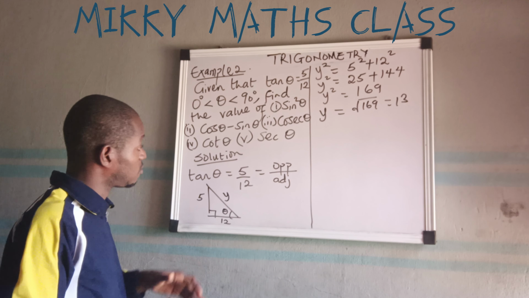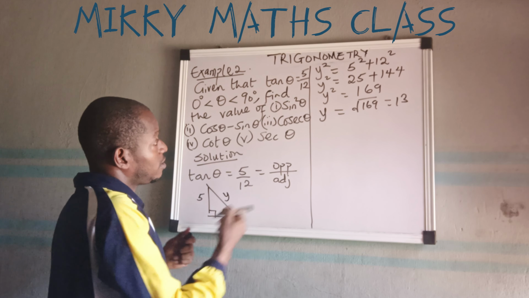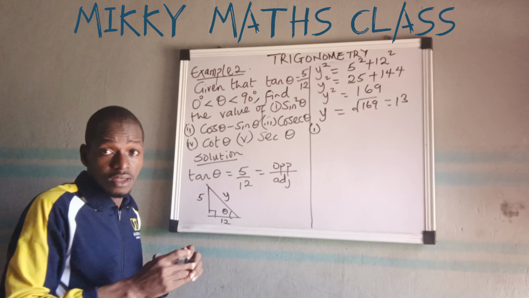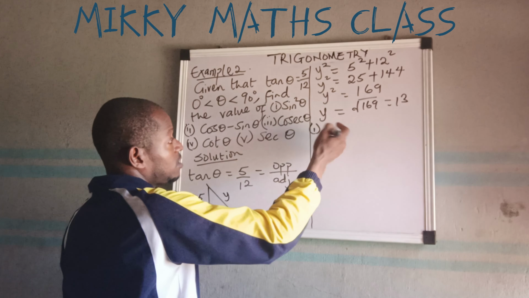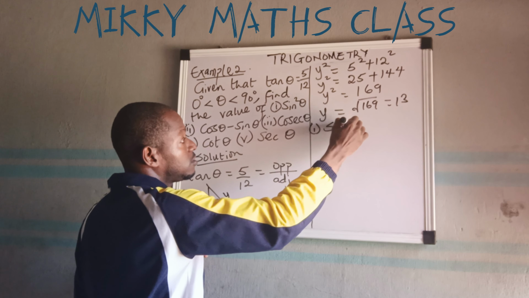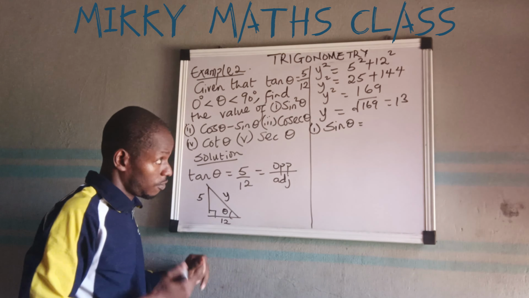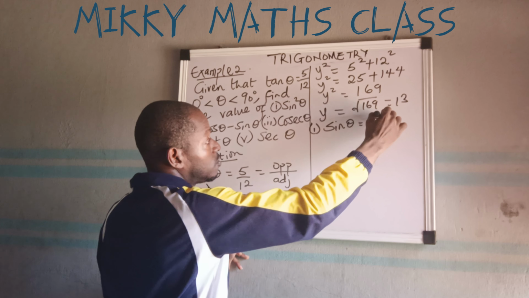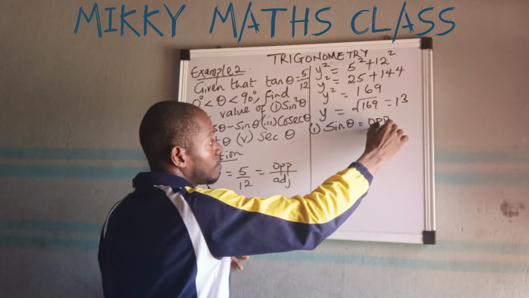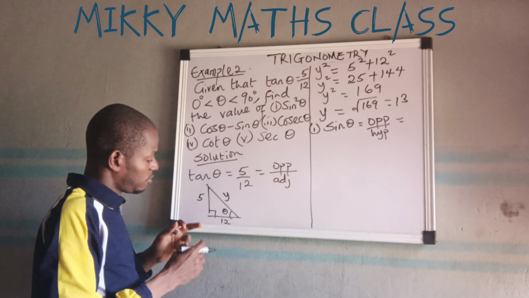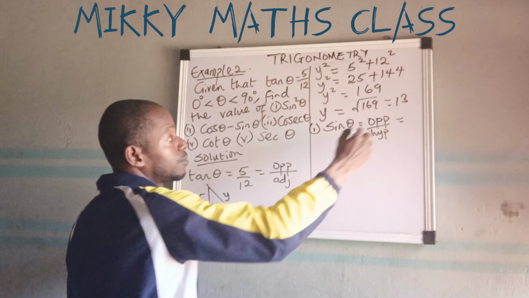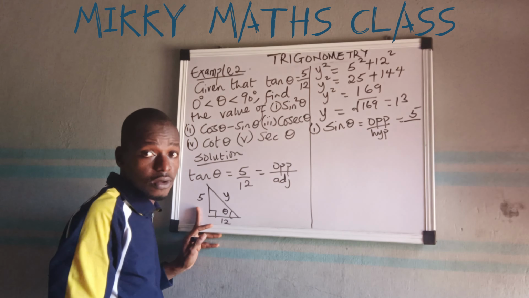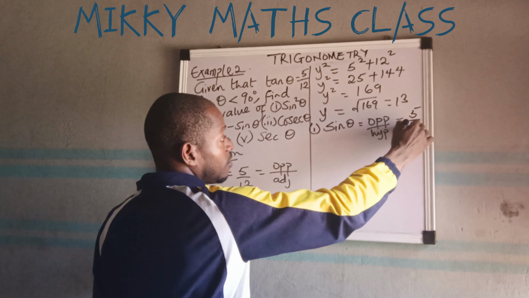So the next thing we do, let's find the first one. Before we find sine squared theta, the first thing we do is to find sine theta. And sine theta, from our trig ratio, is the same thing as opposite over hypotenuse. And our opposite here is 5. That means sine theta is 5 over hypotenuse, which you just found is 13. 5 over 13.